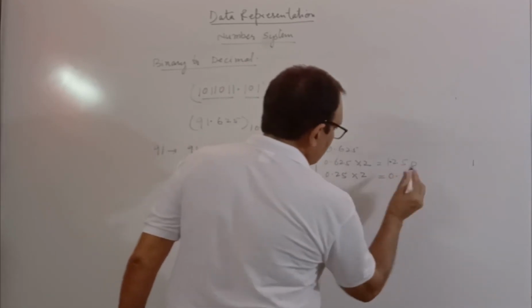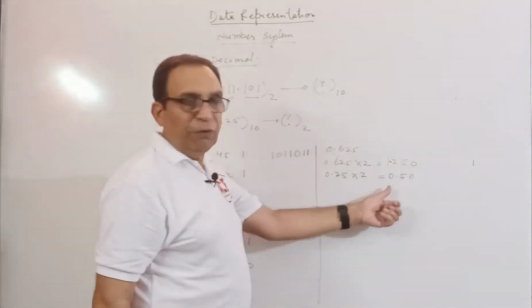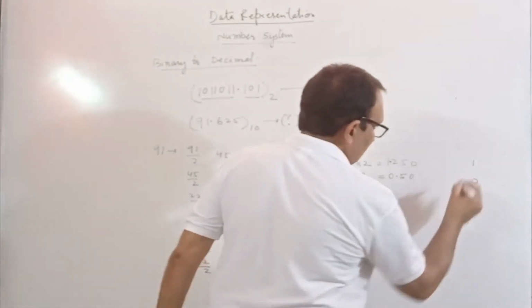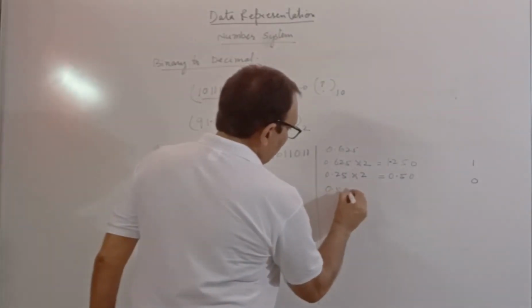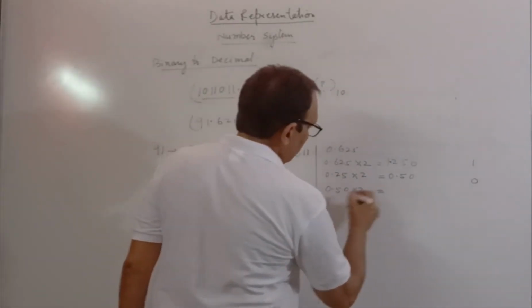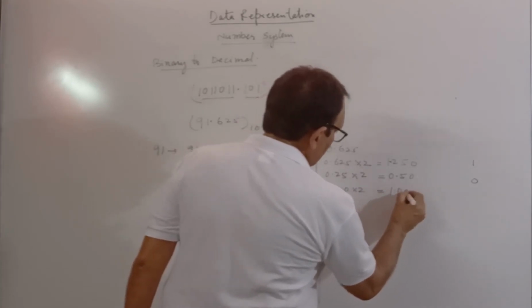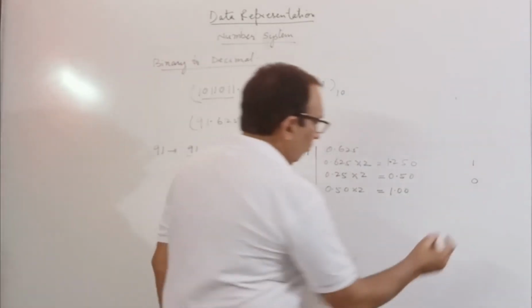So nothing is coming before the decimal, so you write 0 as such. Now the fractional part is 0.50, multiply by 2, it comes 1.00. So what comes before the decimal? That is 1, write 1 here.